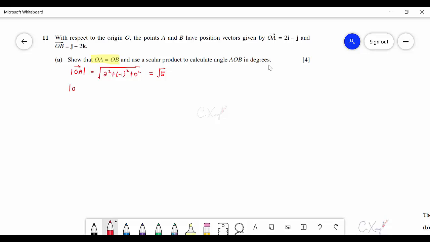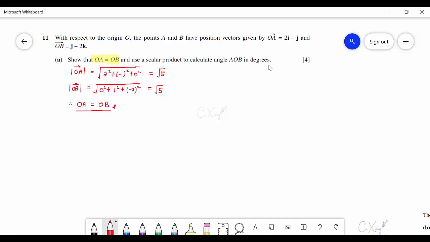Then you find the modulus of vector OB, which is its length. You have 0 squared for the i, 1 squared for the j, and -2 squared for the k. You will see that the value is the same, equal to square root 5. Therefore, you can write your conclusion that OA equals OB.